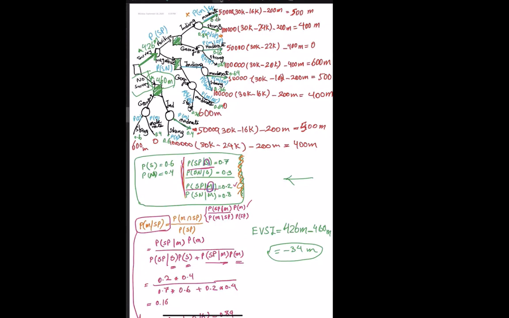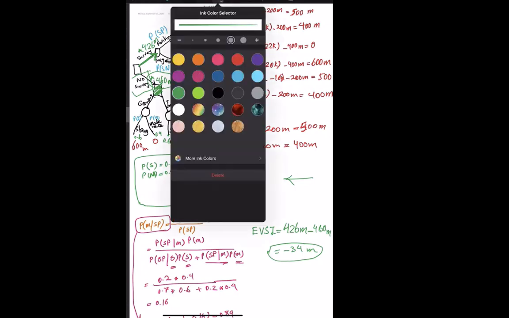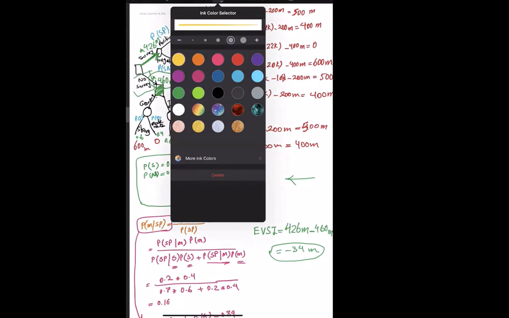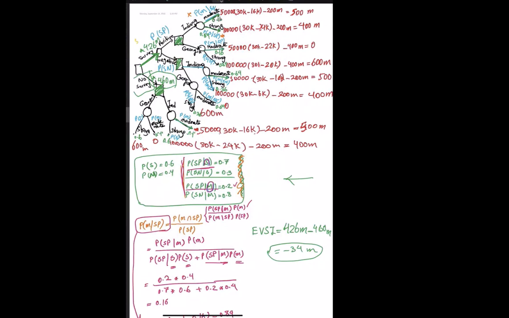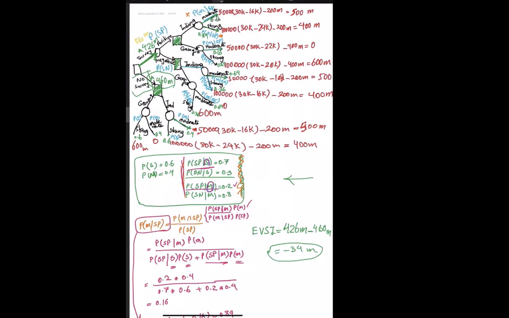Exactly. So let's say, by example, the top branch was 500 million, and the lower branch would be 460 million. Then we calculate expected value of sample information as 500 minus 460, and the result is 40 million.